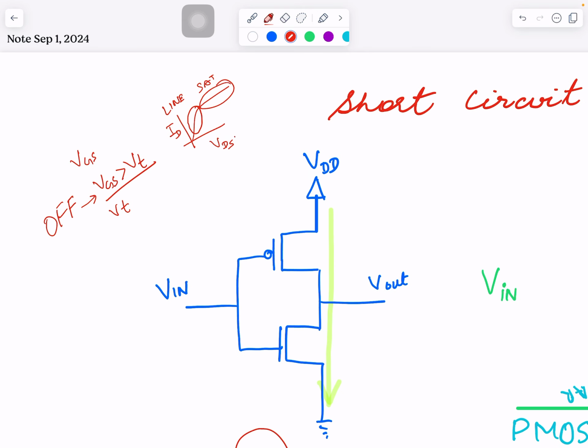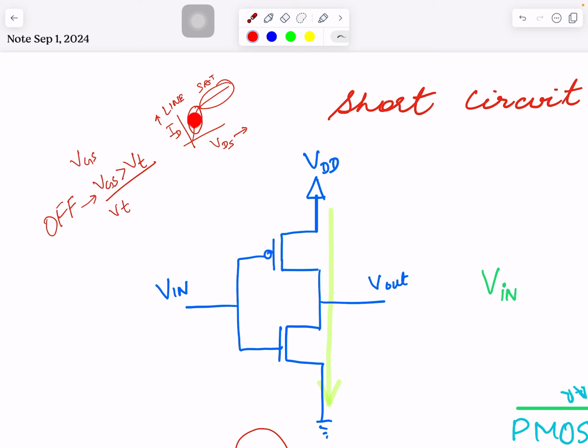So what happens is, you start with off, your VGS greater than VT, and the transistor is on now. As you increase the drain voltage, this will start pulling the electrons in the channel, so you will have a current flowing in the NMOS.